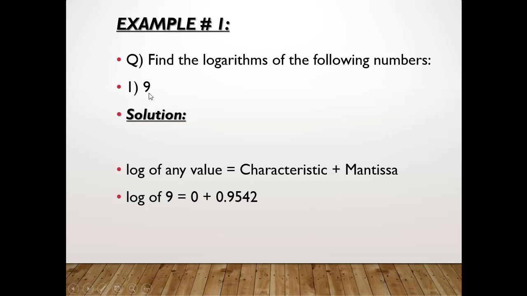So I have to search the value in the column of 0 and the row of 90, and the value which appears is 9542. That is actually the mantissa. Now finally I have to add these two values and the answer is 0.9542. That's the final answer for this value. This is how you can find the log of any value.